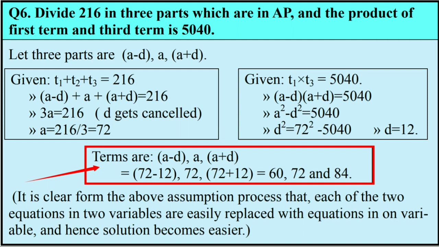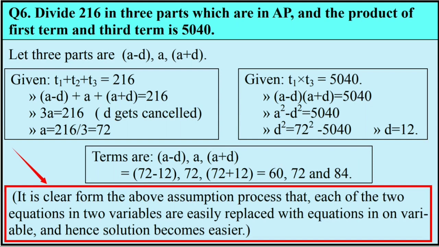After putting the values of A and D in these assumed terms, we get the first term 72 minus 12, the second term 72 and the third term 72 plus 12. Hence these three consecutive terms of the AP are 60, 72 and 84.